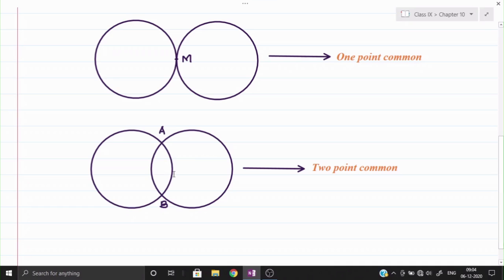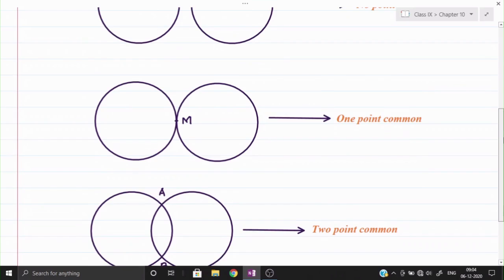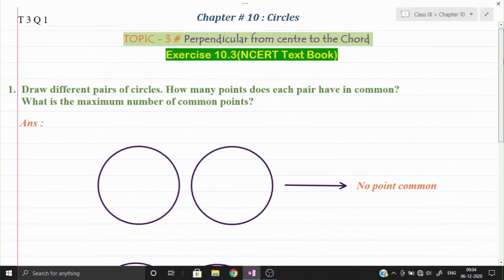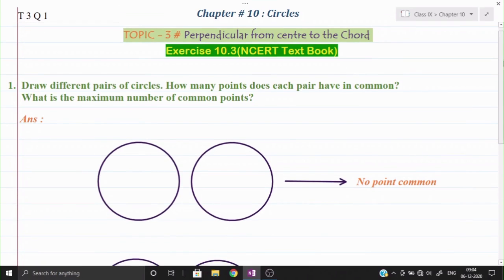So here you see both the answers we have given. First one is what they were asking us, how many points does each pair have in common. So either it can be 1 point common, or it can be 2 points common in that case. And what will be the maximum number of common points?